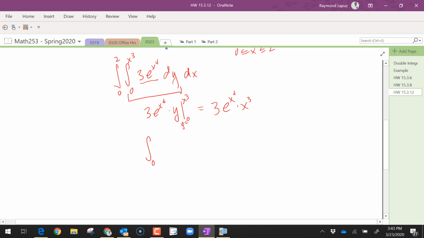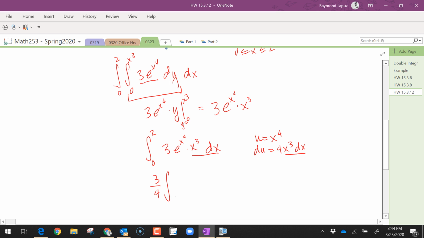We integrate from 0 to 2 of 3e to the x to the fourth times x to the third dx, and then if we let u equal x to the fourth, we will get du equals 4x to the third dx. So x to the third dx is here. We have a constant of 4 that we can divide out, and we could take that 3 out also.